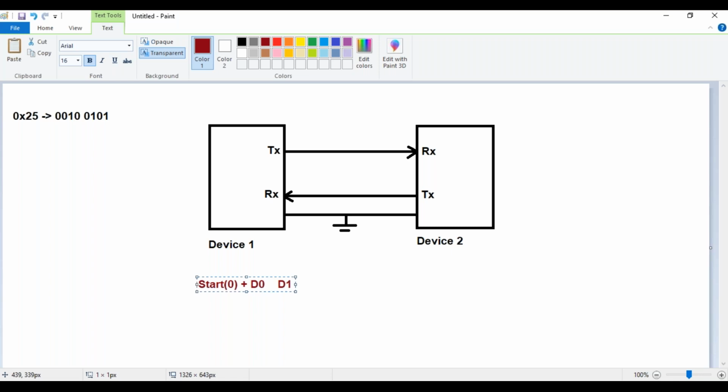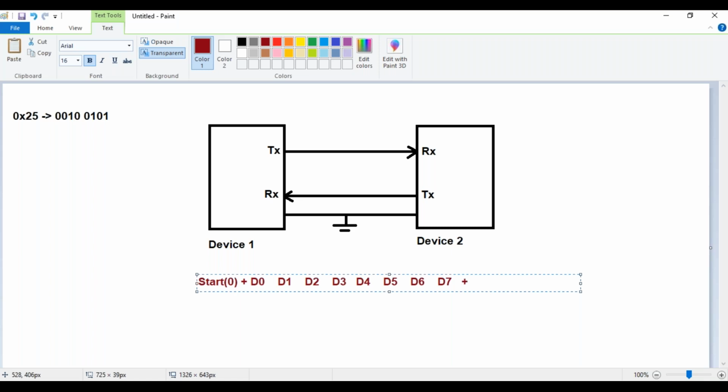So first D0, then D1, D2, D3, D4, D5, D6, D7. Like this, it transmits the data bits.